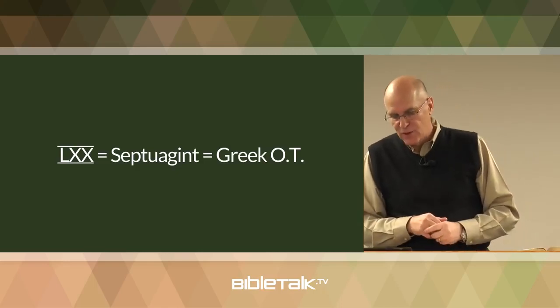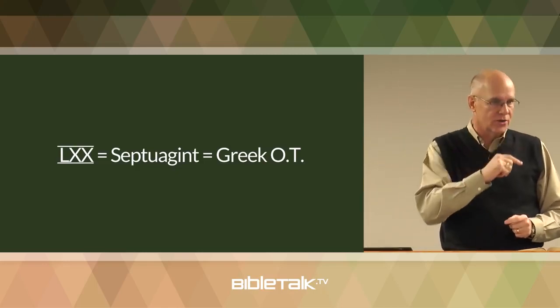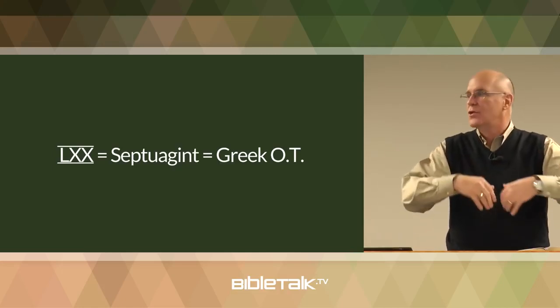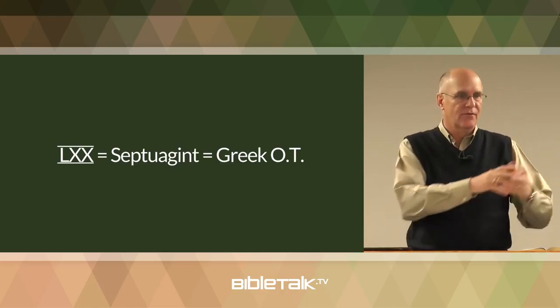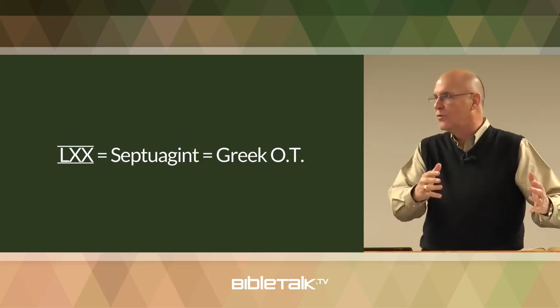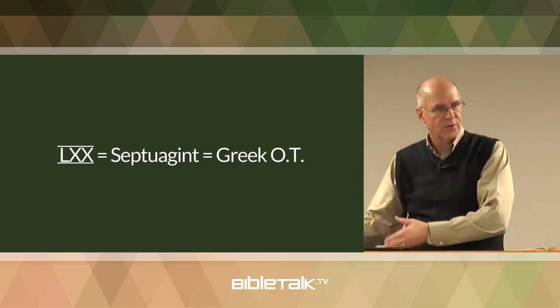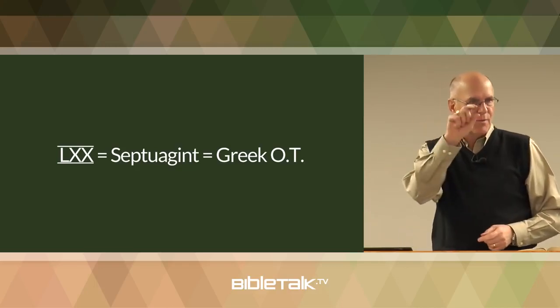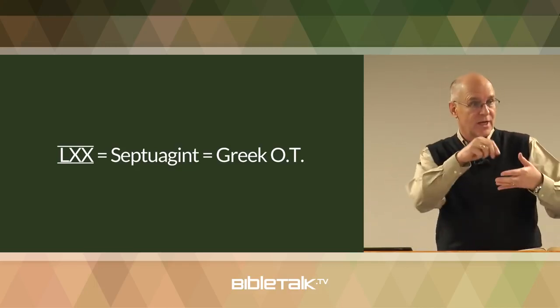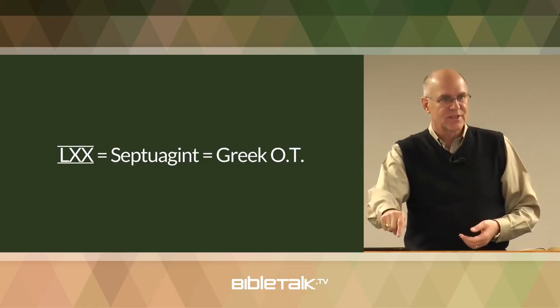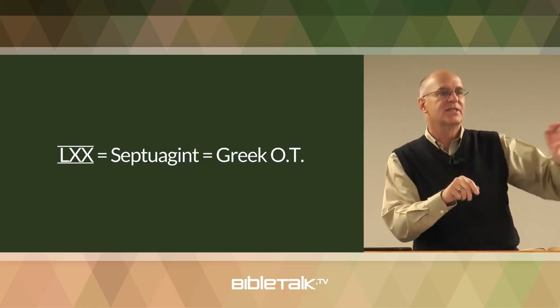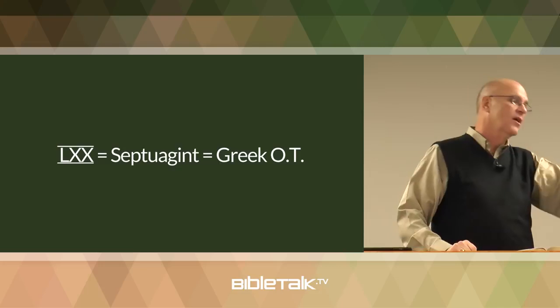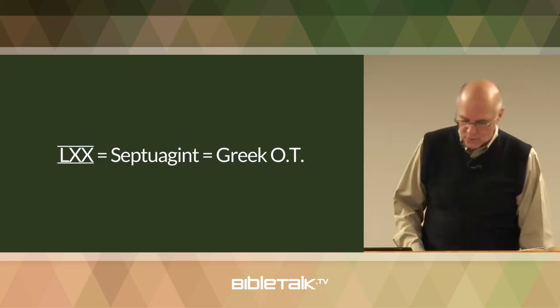And we call it the Septuagint because 70 scholars were brought together to undertake the task of translating the Hebrew Old Testament into the Greek language. And so when you see the Roman numerals LXX, which represent 70, many times, in a text, usually what they're saying is this text is from the Septuagint, which is the Greek version of the Old Testament.